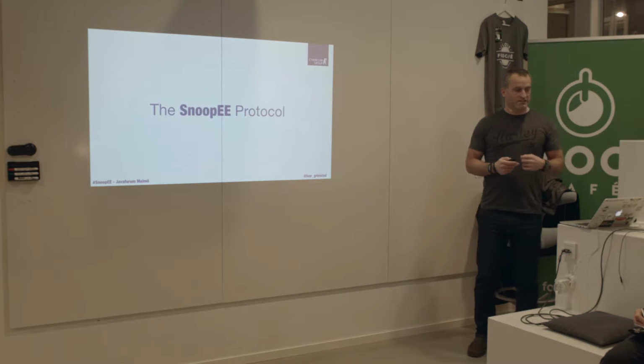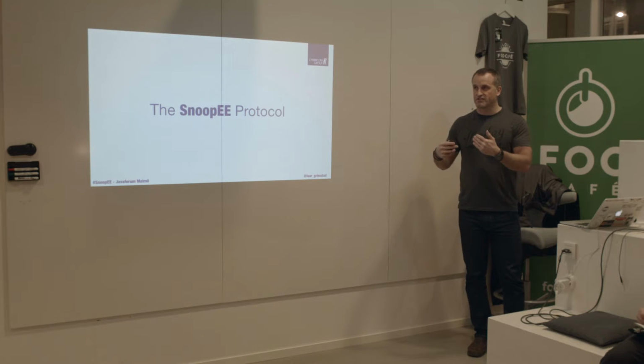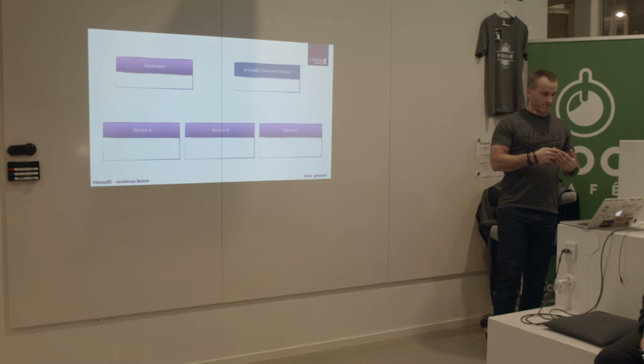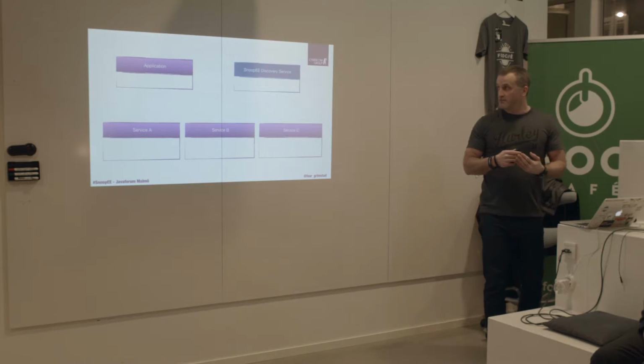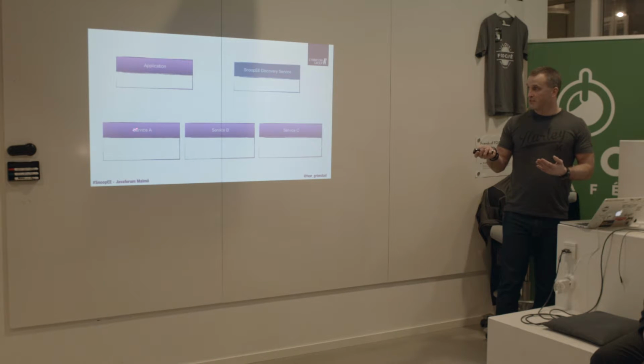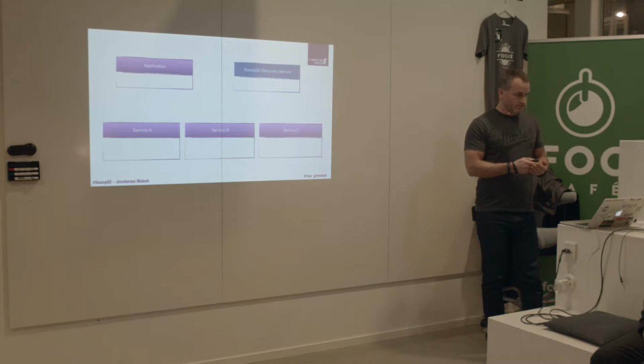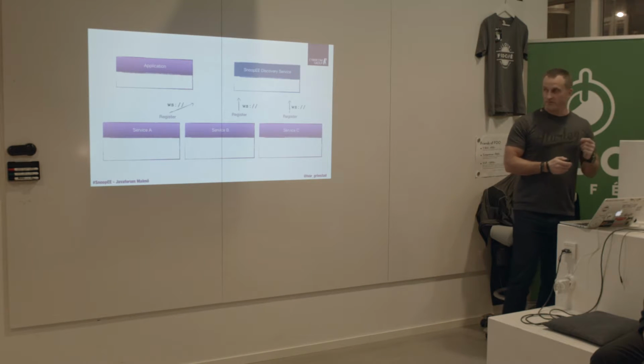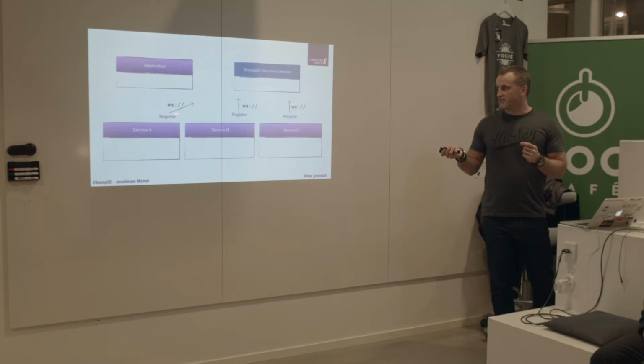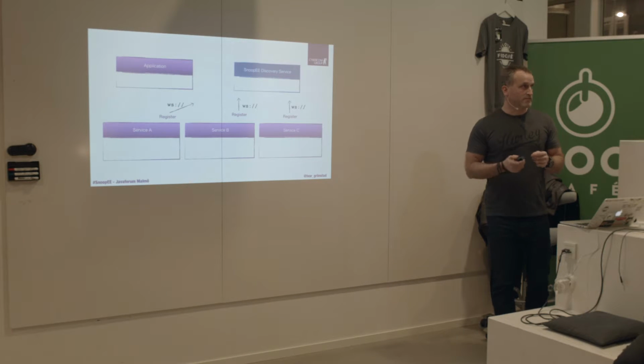So how does the communication between the discovery service and the services happen? Well, we have the application, we have the services, and we have the SnoopEE discovery service. When the services register themselves with the SnoopEE discovery service, they do it over WebSockets.